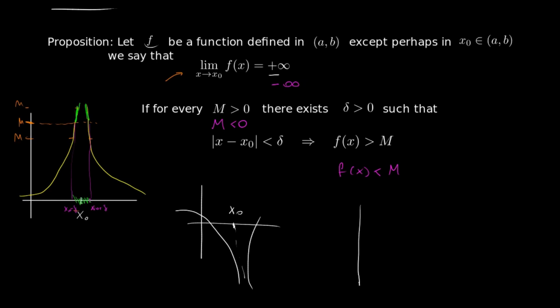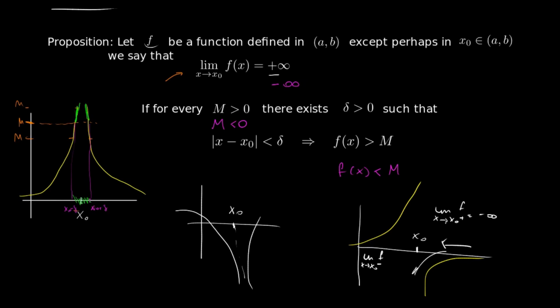For example, if we have the axis and x0 and our function does something like this, then it's a mix between the two cases, because the limit when x tends to x0 from the right is minus infinite, because when we go in this direction our function is going negative, and the limit when x tends to x0 from the left of f is infinite, because when we're going in this direction, our function is going up.